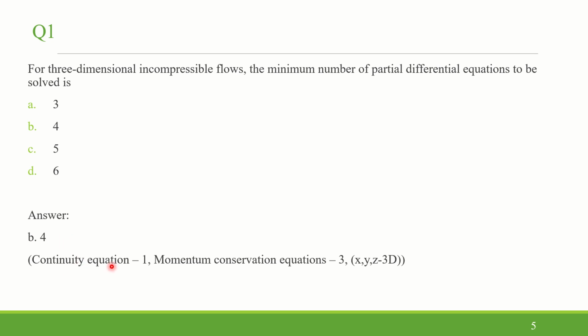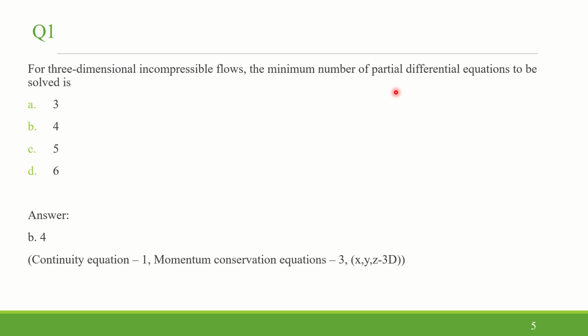So it is one continuity equation and 3 momentum conservation equations: x direction, y direction and z direction, because we are dealing with problems in 3 dimensions. The question itself clearly mentions that for 3-dimensional incompressible flows, the minimum number of partial differential equations to be solved is dash.